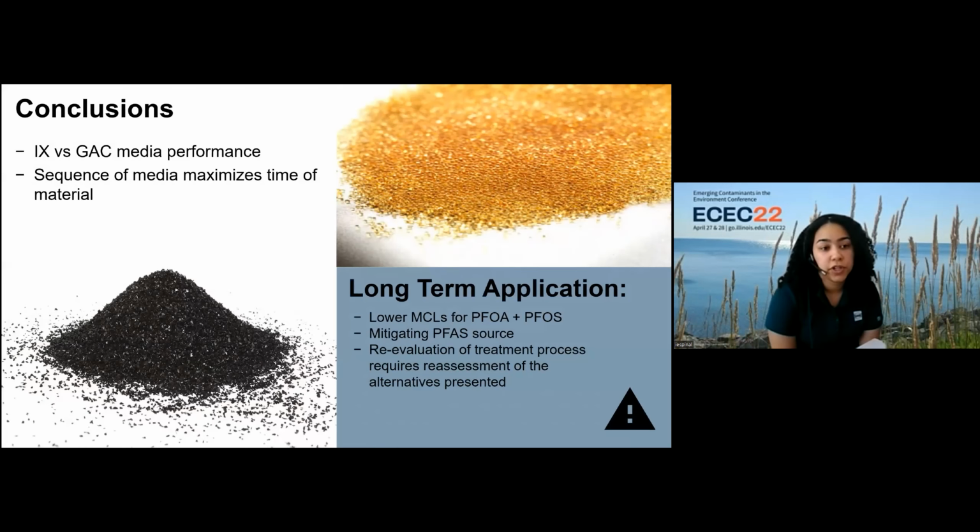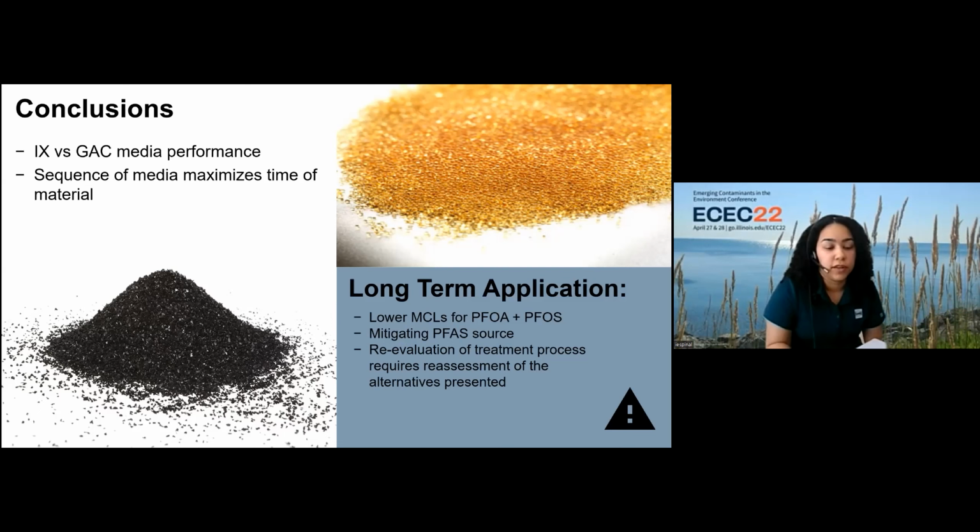So in conclusion, we were able to compare media performances with manufacturer provided medias. And we were also able to assess the sequence of the media and which worked best. For example, for the radon and for GAC, we determined that it had to be after the radon, and for nitrate, it would receive additional load.